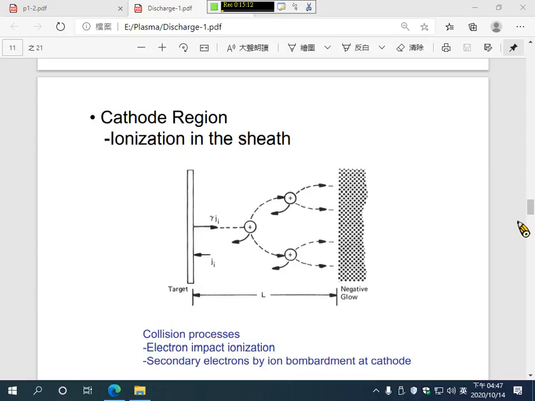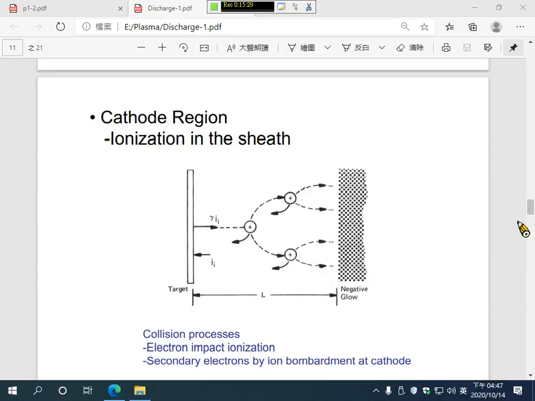So this part is the cathode region, and the length between the cathode surface and the edge of the negative glow is the cathode layer thickness.